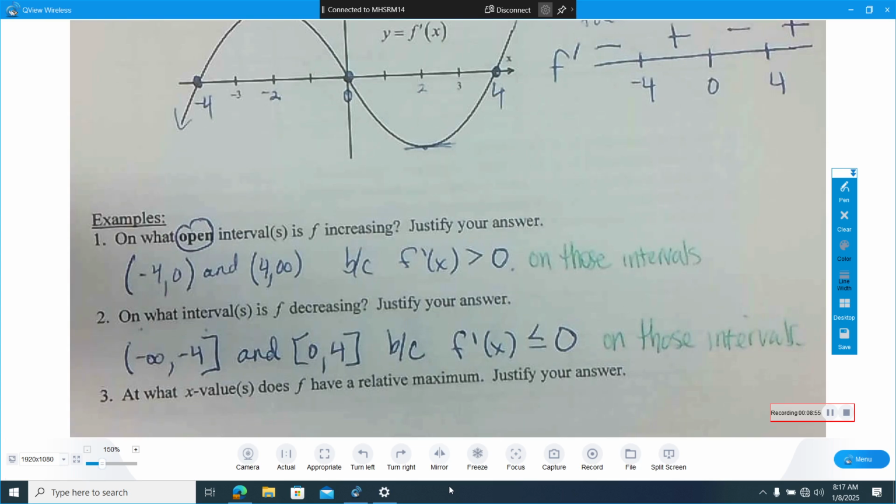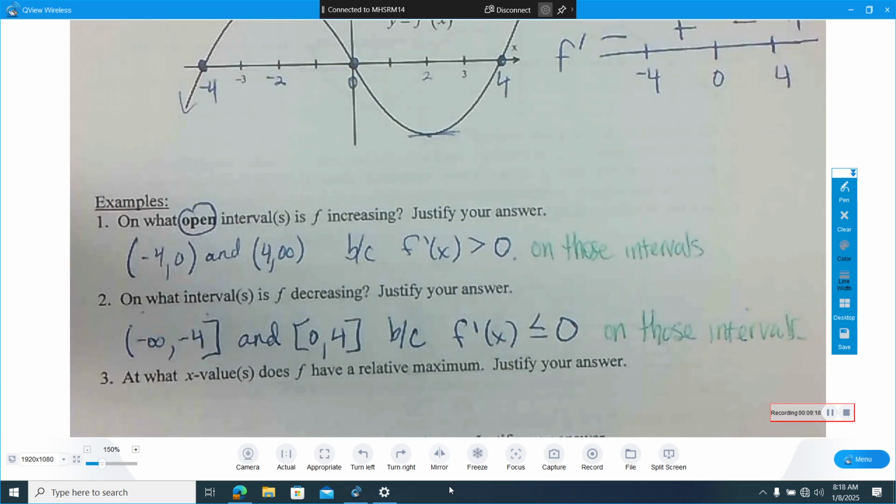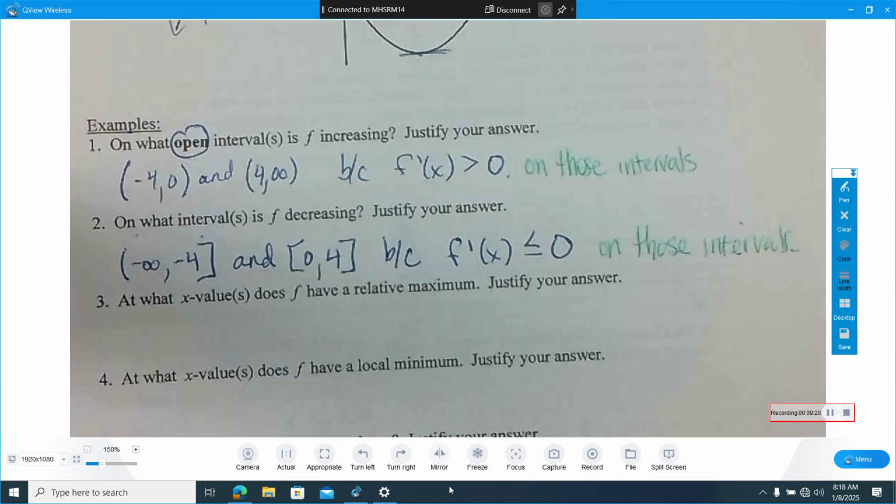Just that little statement, on those intervals, all right? Just making it very specific that the derivative is less than or equal to 0 on these specific intervals, and that's what makes it decreasing, okay? I think both would earn credit on the AP test, but I know one of the chief graders keeps harping on this. All right, it's just that little bit of being extra specific, but I think both would work.